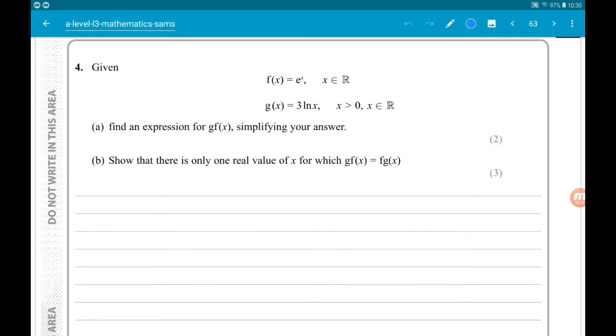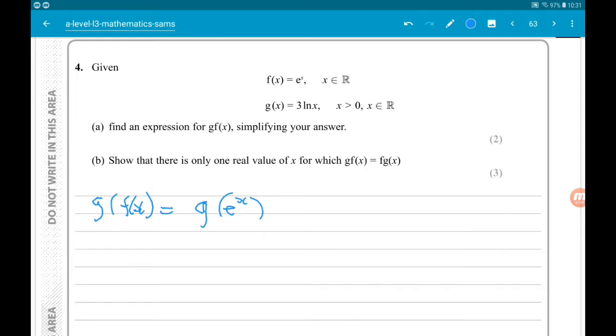Okay, so g f of x means g of f of x. So that means then g of e to the x. Now that means wherever there is an x in g of x, it becomes e to the x.